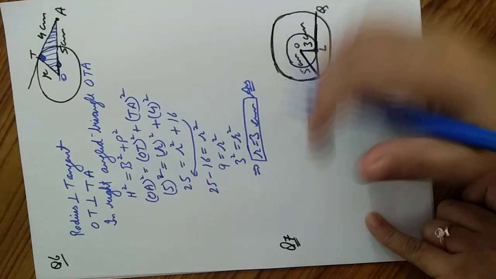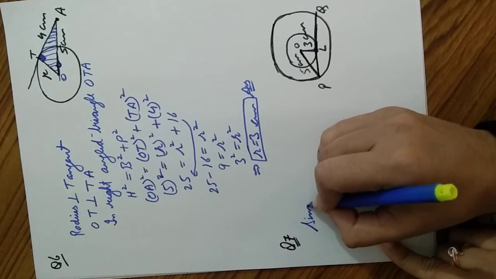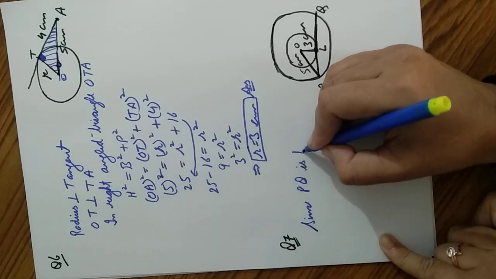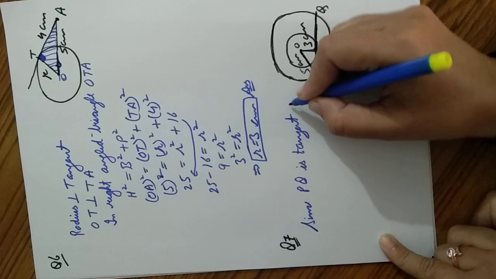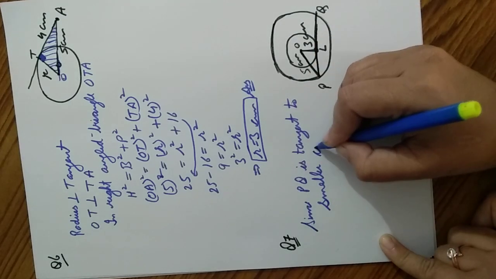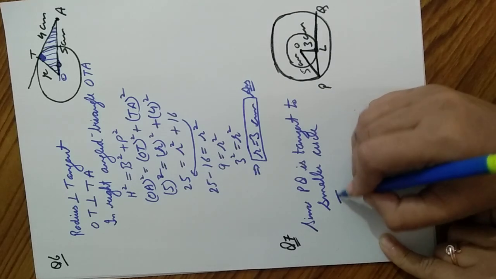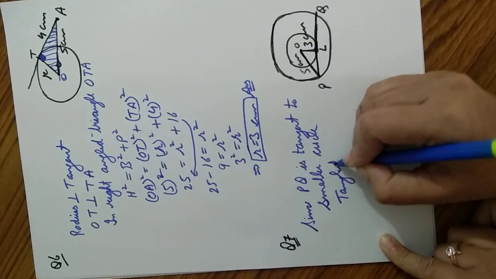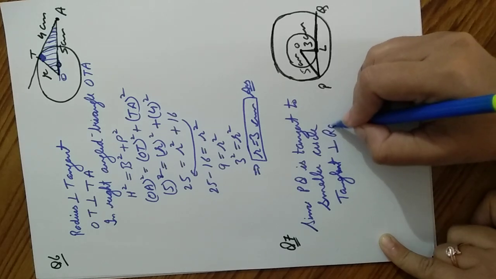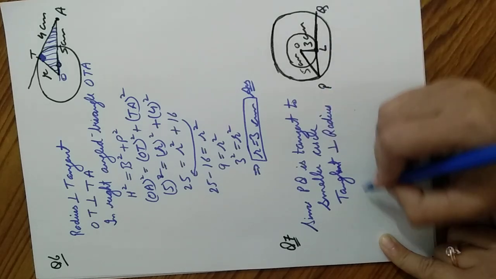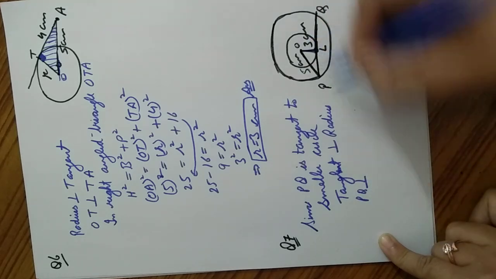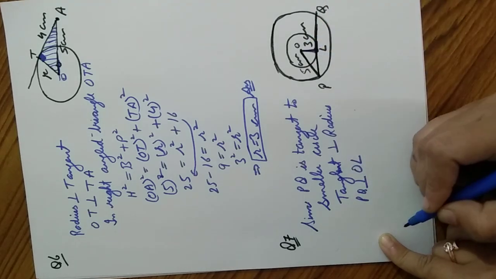So since PQ is tangent to the smaller circle, and we know that tangent is always perpendicular to radius, it means that PQ is perpendicular to radius and the radius is OL.